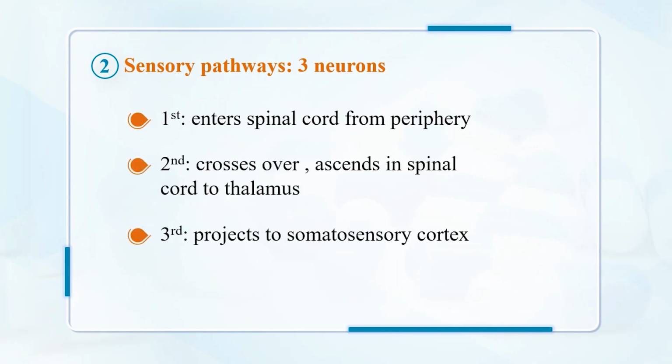Sensory pathway: the sensory pathway consists of 3 neurons. The first enters the spinal cord from the ganglion. The second crosses over and extends in the spinal cord to the thalamus. The third projects to the somatosensory cortex.